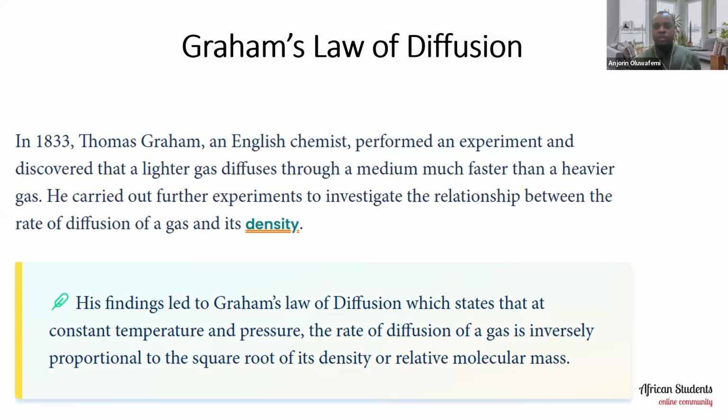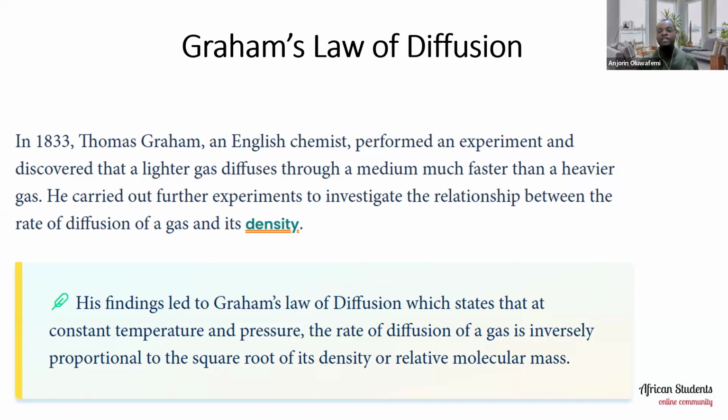In 1833, Thomas Graham, an English chemist, performed an experiment and discovered that a lighter gas diffuses through a medium much faster than a heavier gas. So he carried out further experiments to investigate the relationship between the rate of diffusion of the gas and its density.